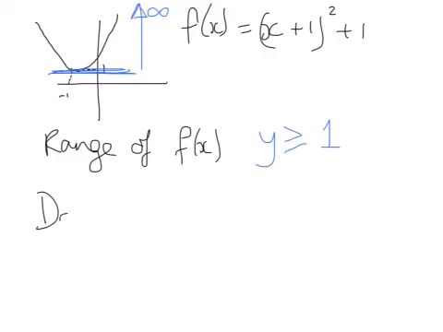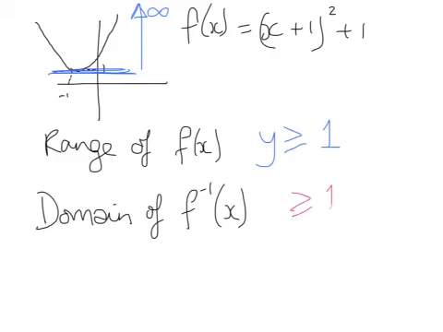What about the domain of the inverse function? Well, the inverse function just takes all those y's and brings them back to what they were originally. So that's the same thing. So the domain of the inverse function is going to be all the things bigger than or equal to 1. It's just that we're going to rename them because instead of thinking of them as an output, we're thinking of them as an input. So it'll be x greater than or equal to 1. It's an easy mark really once you get used to it.